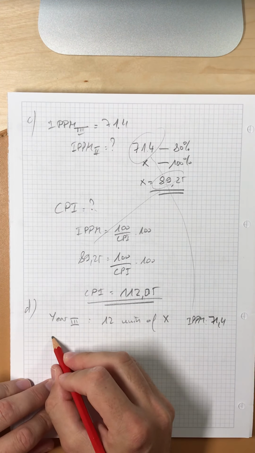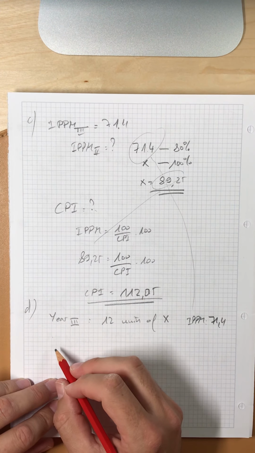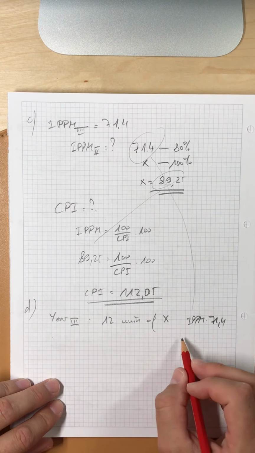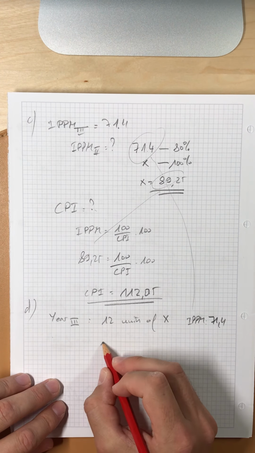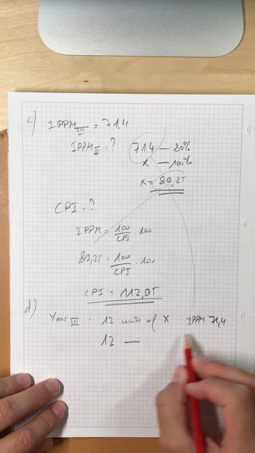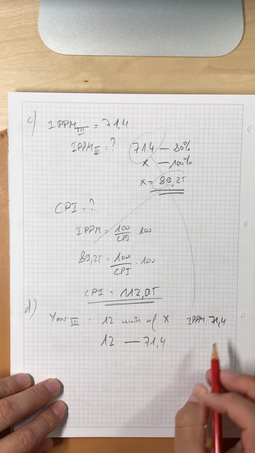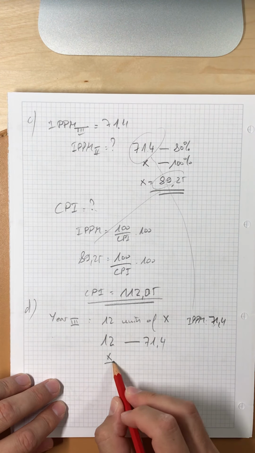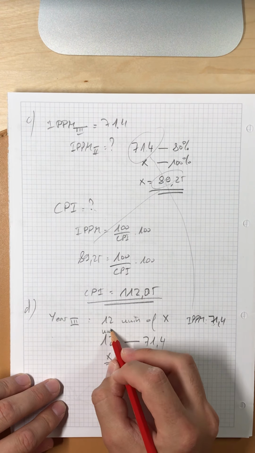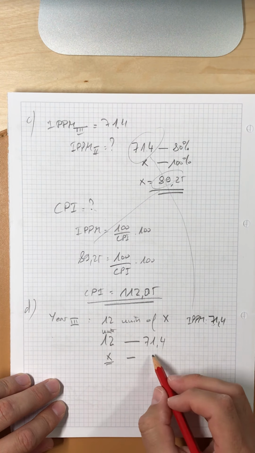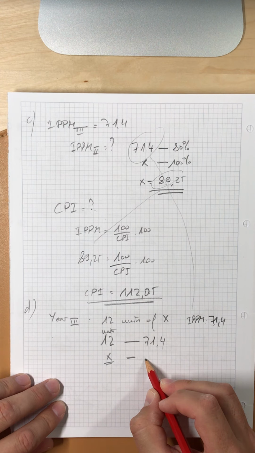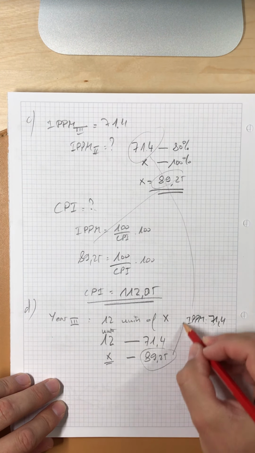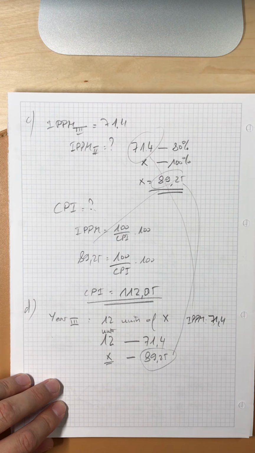So year 3: rule of 3, 12 units represent the IPPM of this value, and you will calculate the number of units you will buy with the IPPM of year 2.